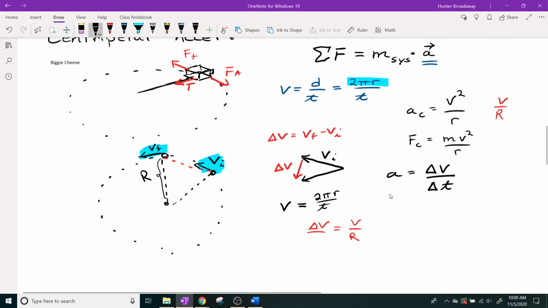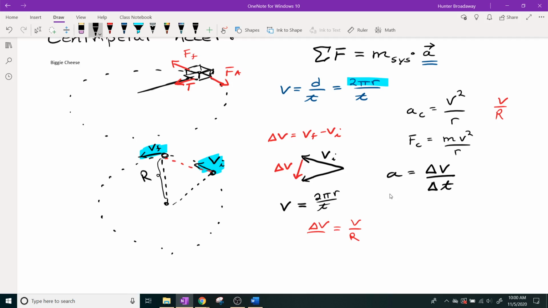Think back to whenever we were looking at the object just kind of moving around in a circle. At any particular point, we've already said that the velocity is constant. It doesn't change. So the VI and the VF, but yes, there is acceleration.